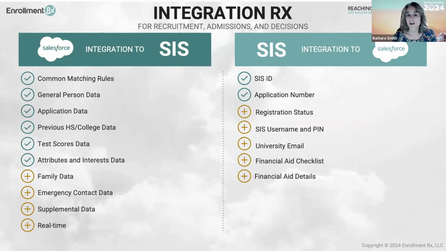So in this scenario of that first pond slide where everything's living in your SIS, pretty much all of this data gets included as we integrate from your SIS out to Salesforce to make that system as useful as possible for your admissions folks. So if I'm understanding you, what would change here on this slide is that instead of two lists, it would be one list.